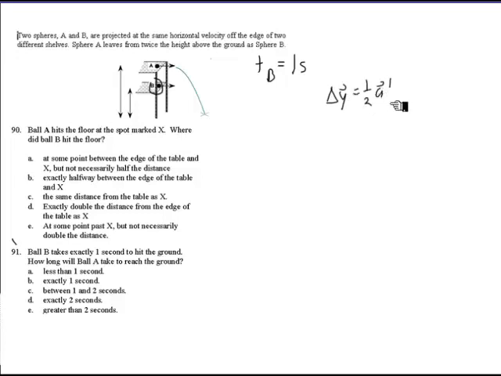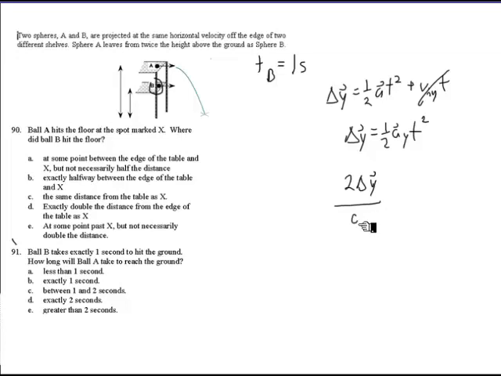They both start out with an initial y velocity of 0, so that goes away. And I can rearrange to solve for time, so t equals the square root of 2 delta y over a y. And you can just say, okay, if I double delta y, what's going to happen here?